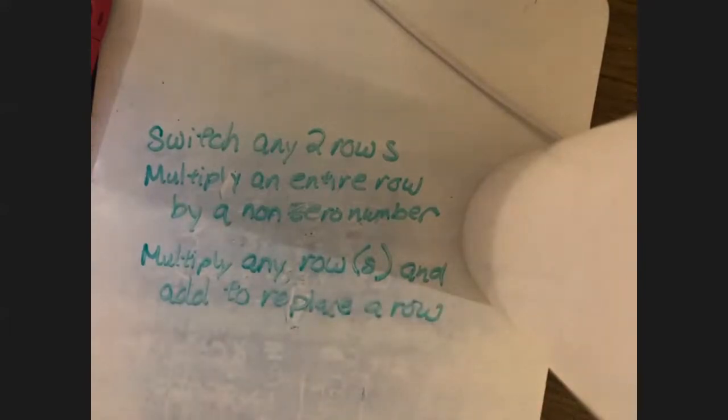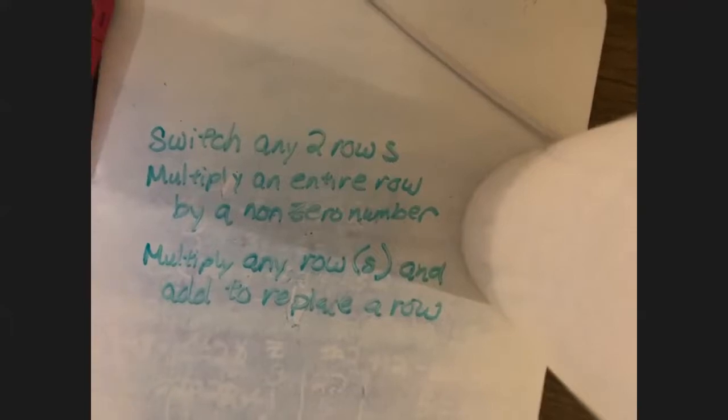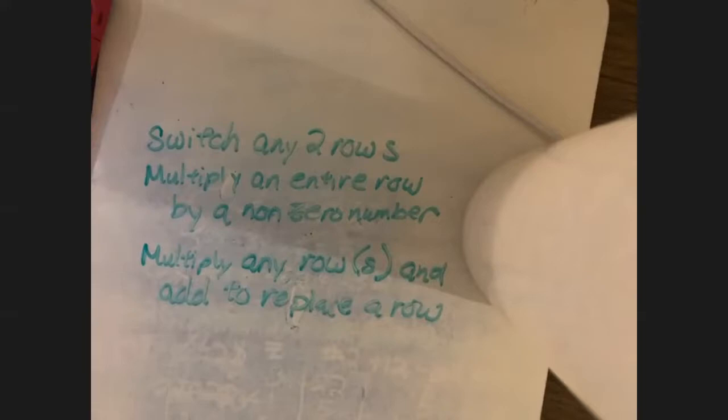So think about what we did in the elimination. Sometimes we would multiply one line and then add it to the other. Sometimes we had to multiply both lines and then add them together. In both of those scenarios, the idea was to eliminate or get rid of one of the letters, right? That's how we're going to help create our zeros, is I'm going to be putting lines together to cancel off to start to create those zeros.